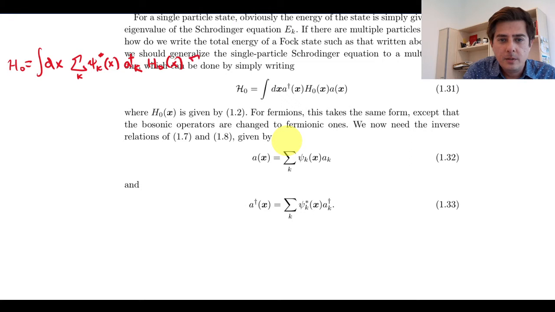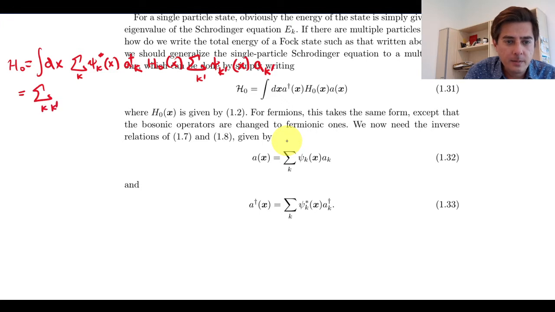And then we substitute this one into the formula, so we better put a different label on it because this is a different variable. So this is K prime. This one is still x because that x is the same as that x. And we've got an A K prime. Okay. And then we can interchange the order of the sums and the integrals, because sums and integrals, you can do that.